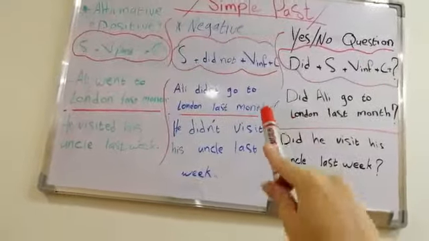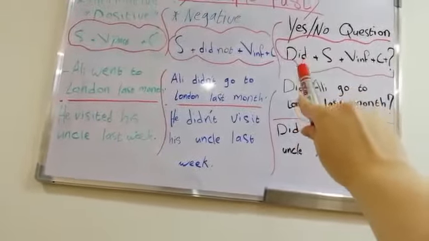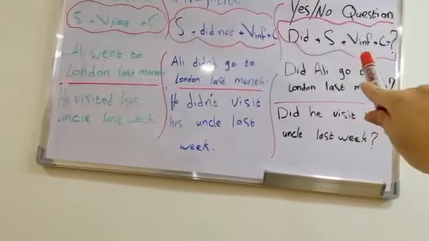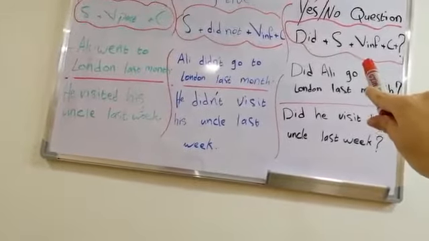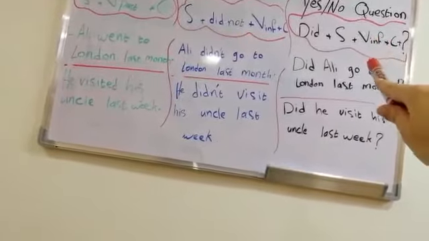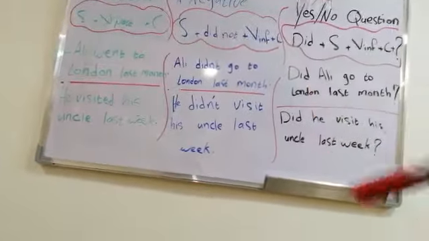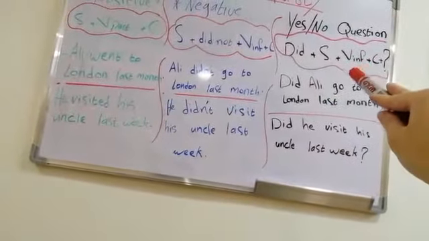Here we have did in the beginning of the sentence. Then we have the subject. Then we have verb infinitive. We don't add anything to the verb here. Why? Because we have did. So with did you have to use infinitive form.